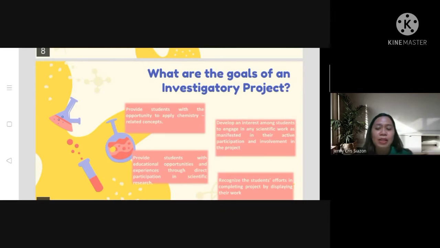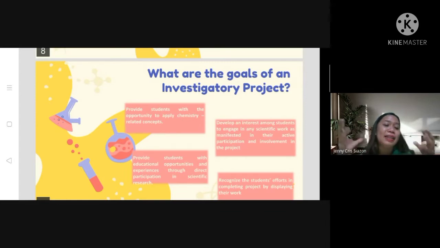So another one, it will develop an interest among students to engage in any scientific work as manifested in their active participation and involvement in the project. And through that, it will enhance the scientific literacy of the students that are engaged in any scientific work. 'Di ba? 'Yun ang goal natin.